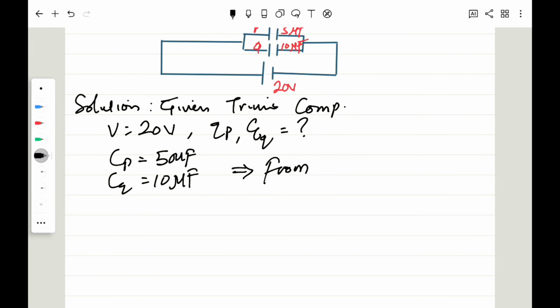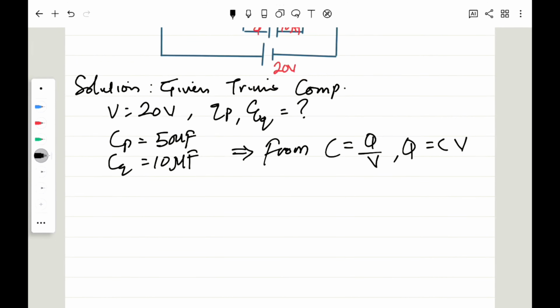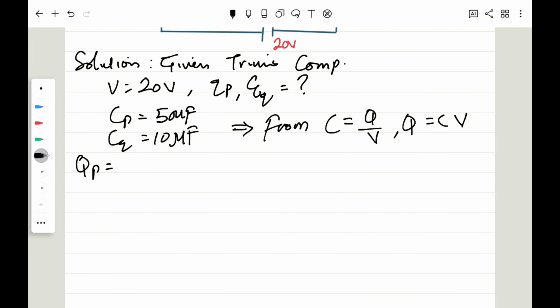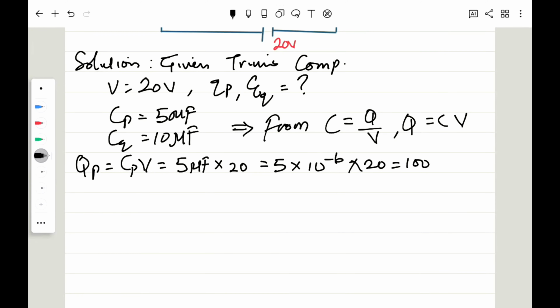So from C is equal to Q over V, our Q will become CV. So Q of P is equal to CP V, is equal to 5 microfarad times 20, is equal to 5 times 10 raised to minus 6 times 20, is equal to 100 times 10 raised to minus 6 coulomb, is equal to 100 microcoulomb.